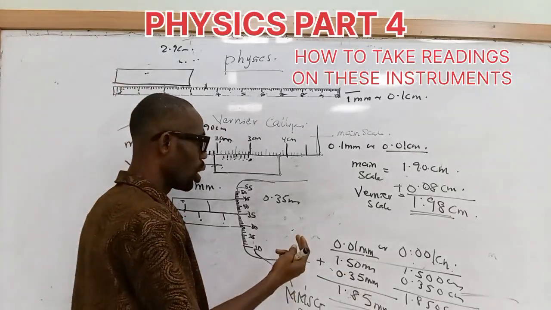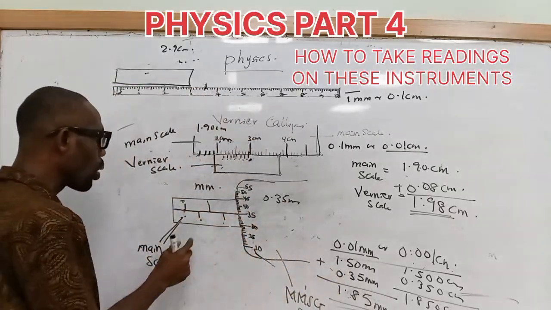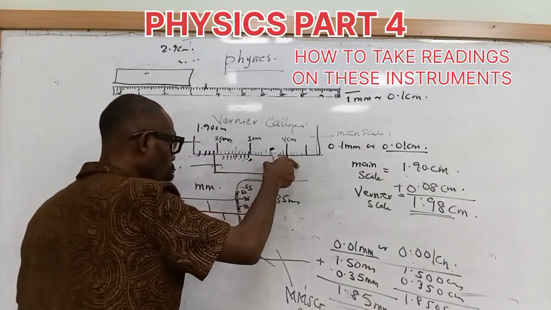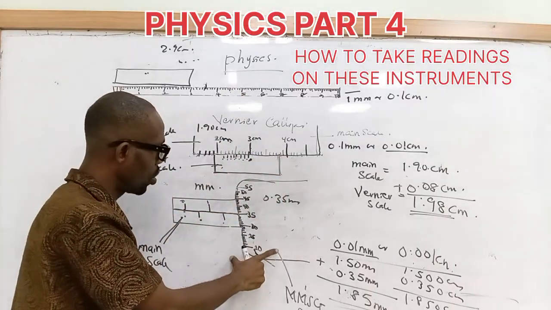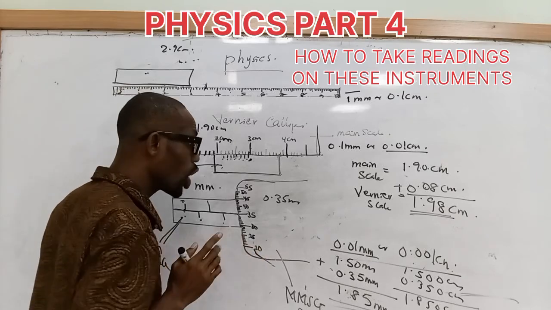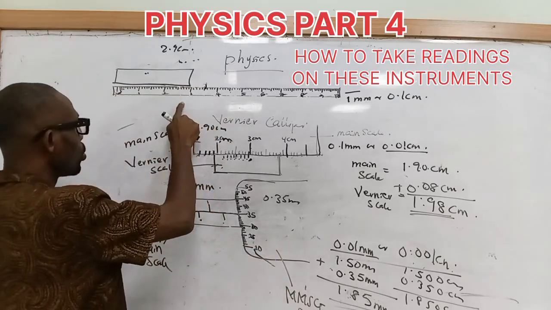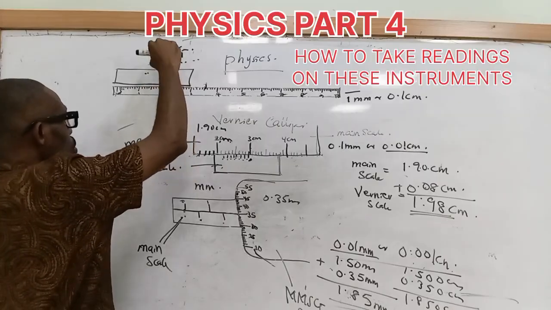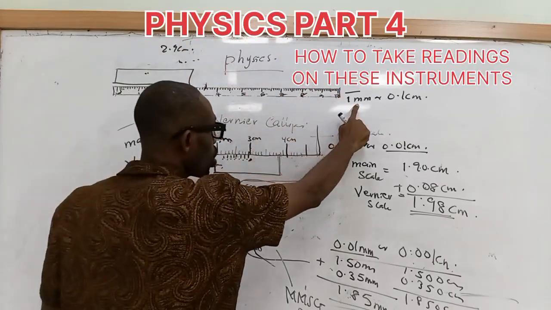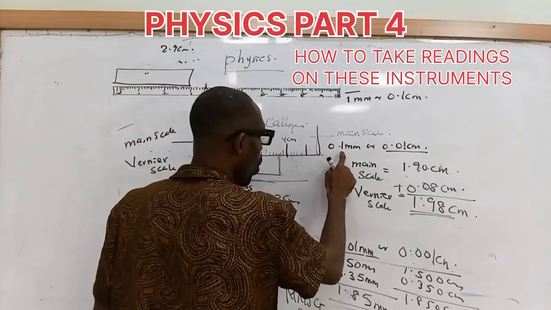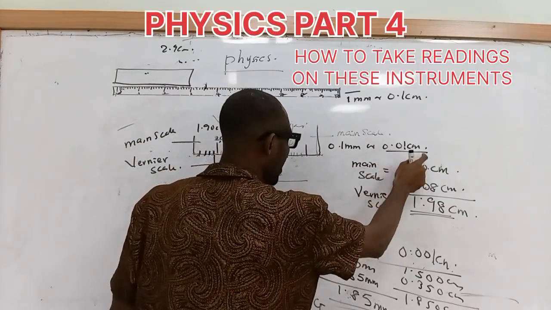So with this, you've been able to learn how to take readings from the meter rule, the micrometer screw gauge, and the vernier caliper. Just know this: for the meter rule, you measure the length. The smallest division is 1 millimeter or 0.1 centimeter. For the vernier caliper, 0.1 millimeter or 0.01 centimeter.